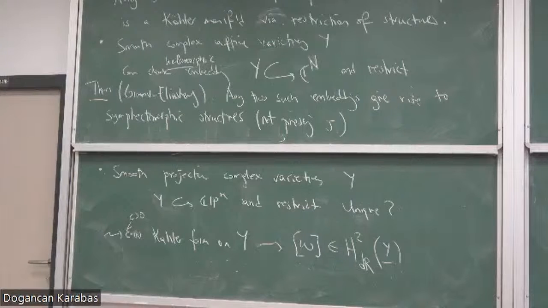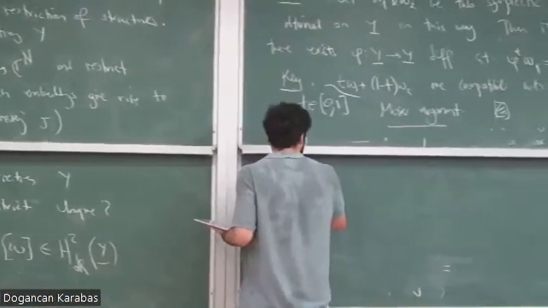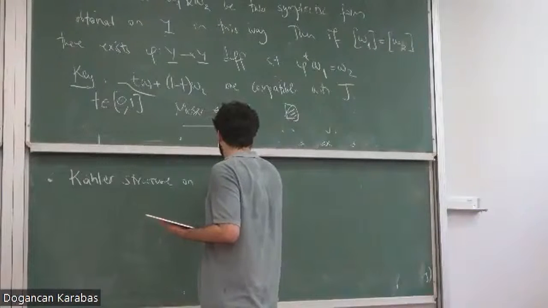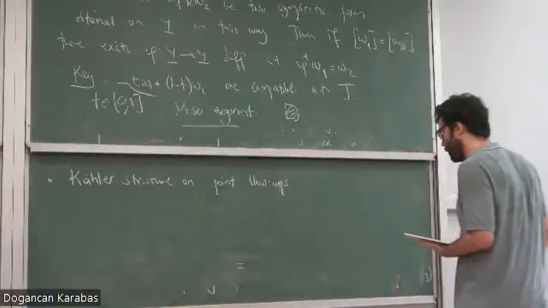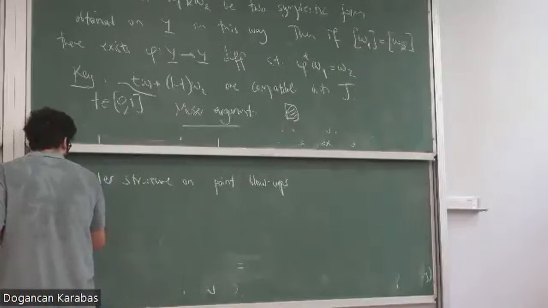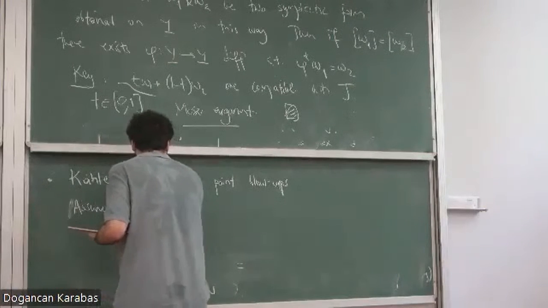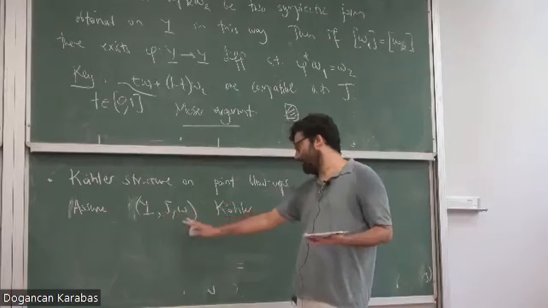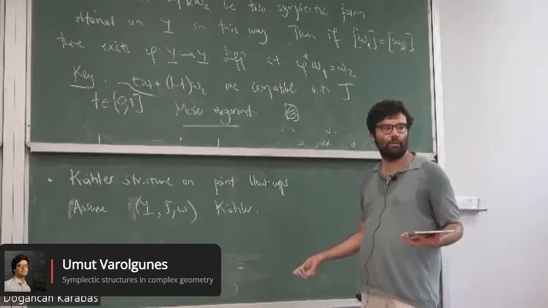So now some more examples: Kähler structures on point blowups. You can think about it as a complex manifold with a Hermitian structure, and you take a point in that complex manifold and blow it up as a complex submanifold.